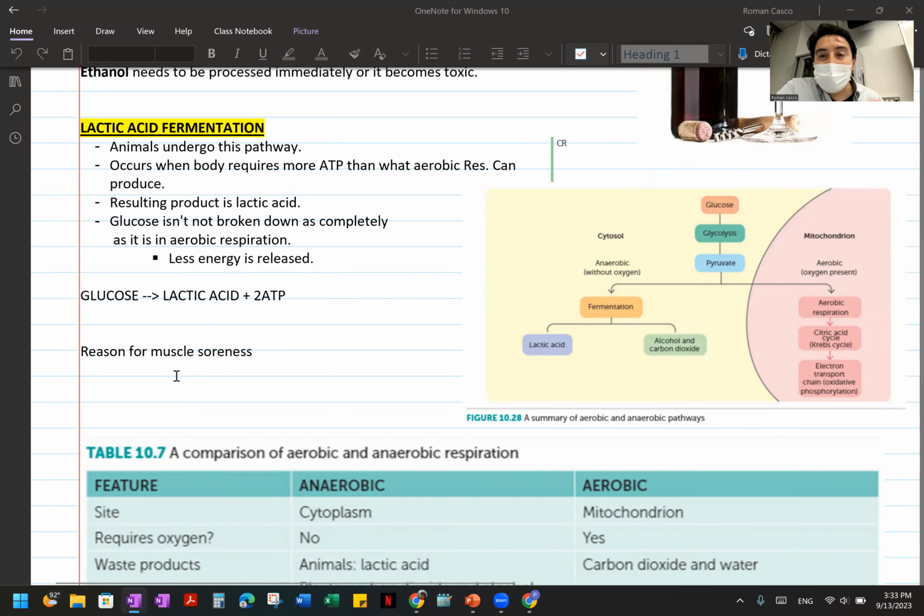Especially if you haven't done strenuous exercise in a long time, your body will rely on this metabolic process to produce more ATP. A result of that is the accumulation of lactic acid, and that is what makes you feel sore, that chemical.